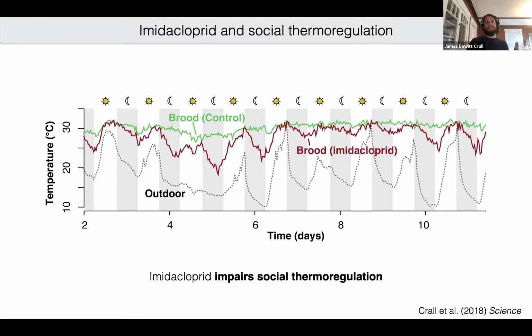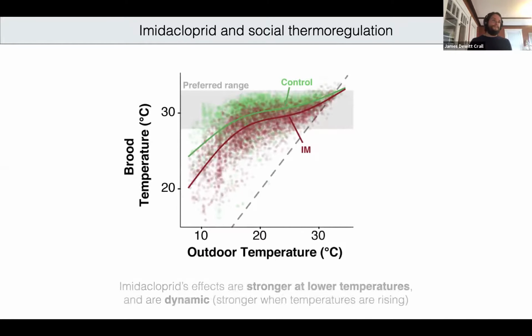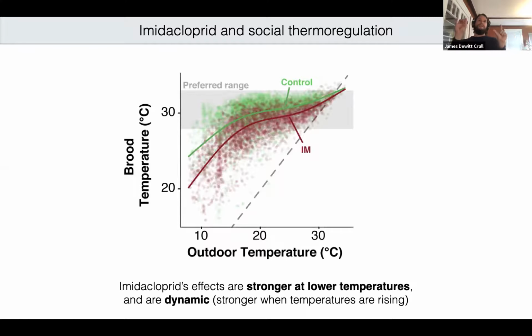So indeed, it looks like it does impair social thermoregulation in ways that might make them more sensitive to temperature fluctuations. And we see this effect consistently across colonies. And importantly, we see it happening much stronger in colder temperatures. If you looked at just thermoregulation around, say, 30 degrees Celsius air temperature, you wouldn't see much of an effect of this treatment.